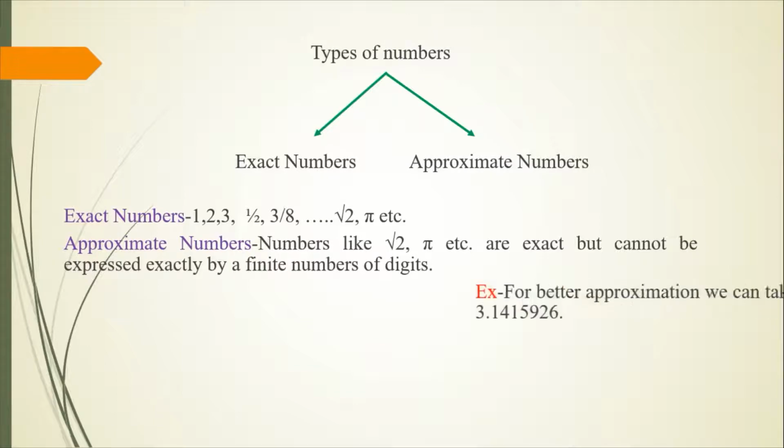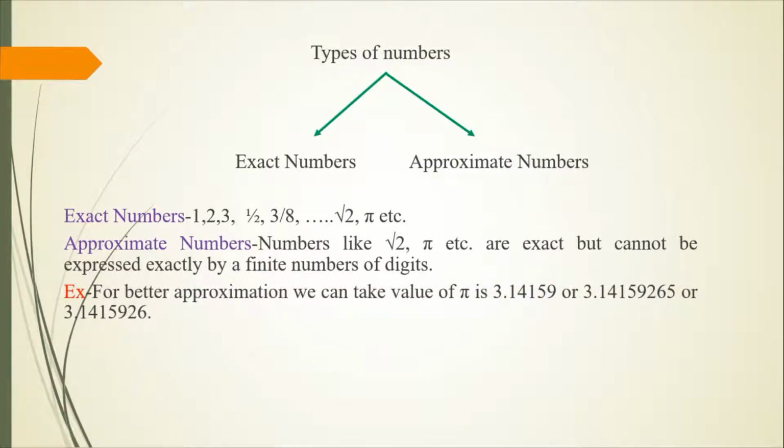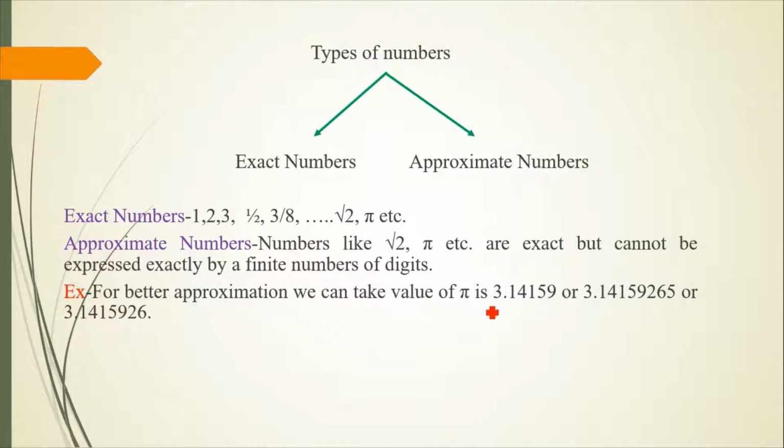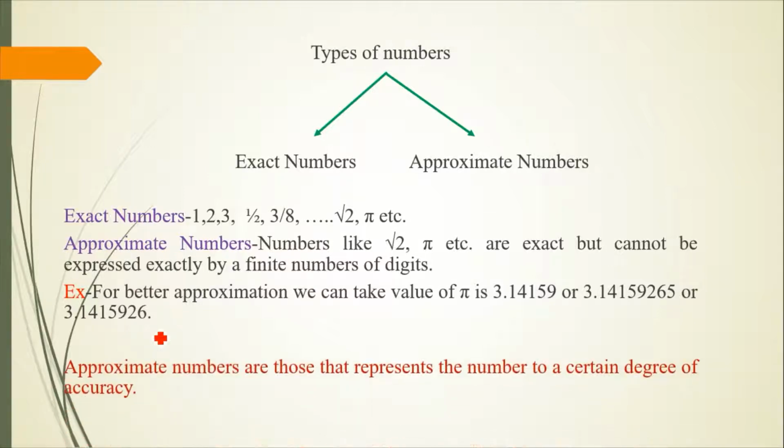For example, generally we take the approximate value of pi as 3.141, but for better approximation, we can take it as 3.1459 or 3.1459265 or 3.145926. But we cannot write the exact value of pi. Thus, approximate numbers are those that represent the number to a certain degree of accuracy.